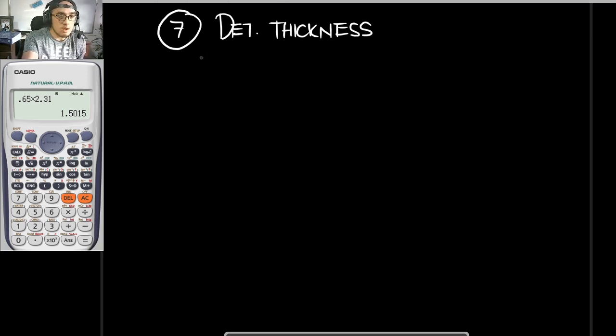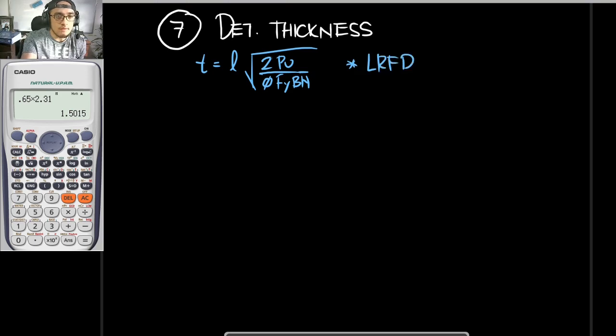The first one: thickness t is equal to L times the square root of 2 Pu over phi Fy B N. This is for LRFD, since we have a value of phi.